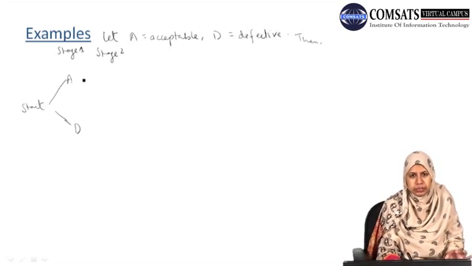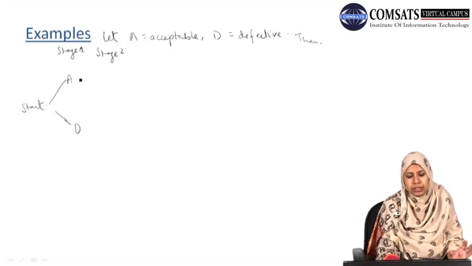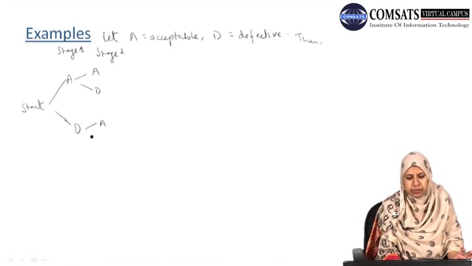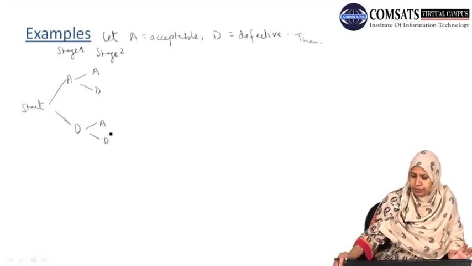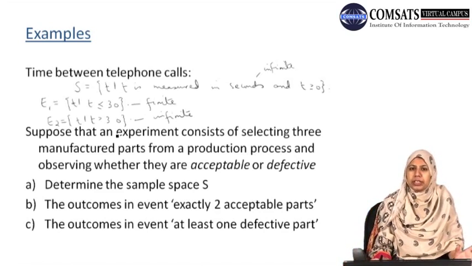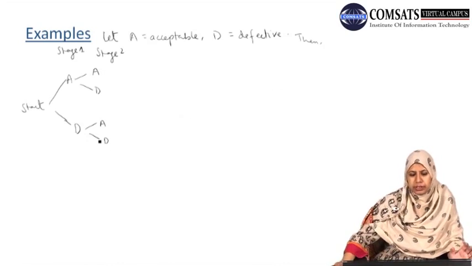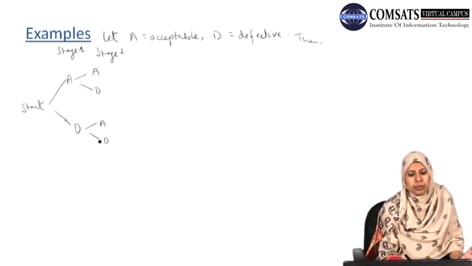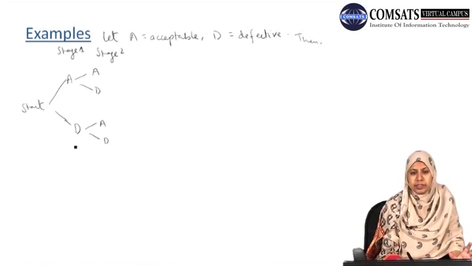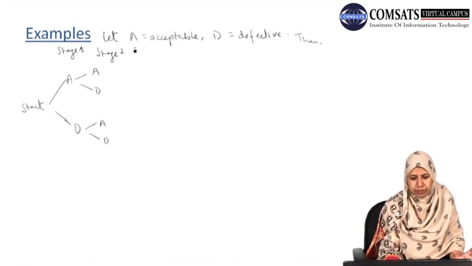In stage 2, each branch again has 2 options, either the part is acceptable or defective, because the statement says we are selecting 3 manufactured parts.